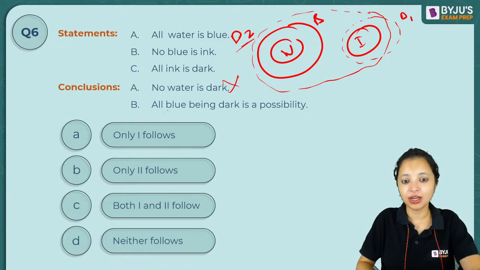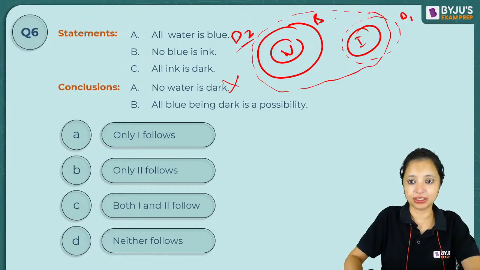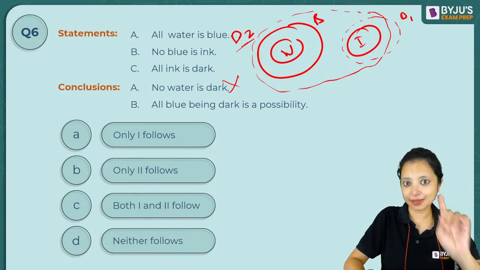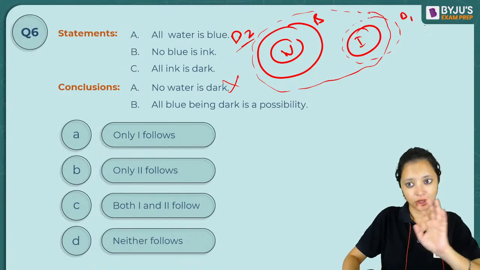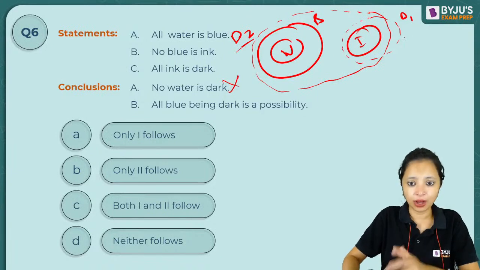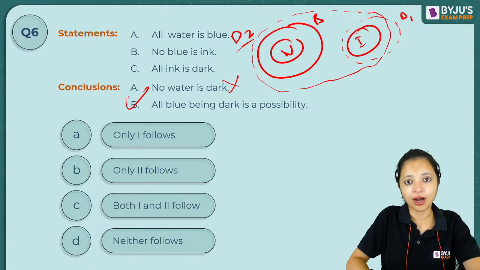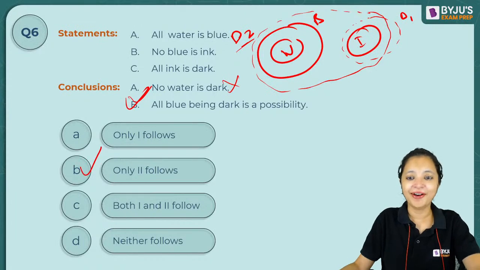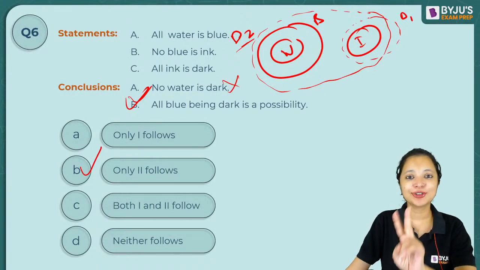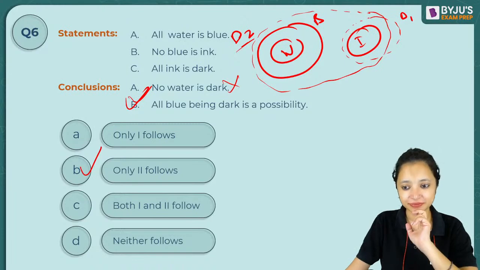The second one, all blue being dark is a possibility. All blue being dark is a possibility in D2 and not a possibility in D1. That means it's a possibility, not a certainty. Our correct answer is only and only 2 follows.